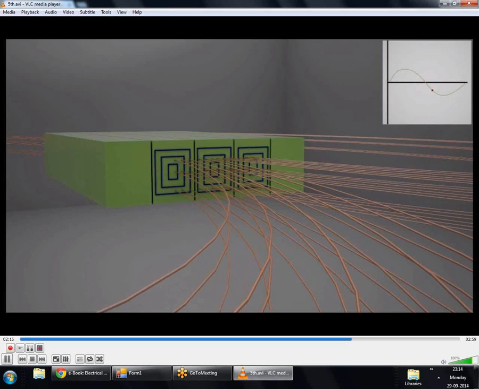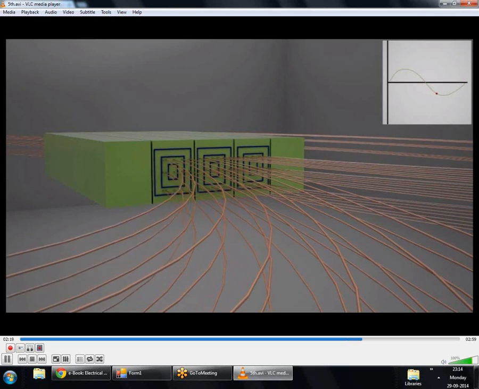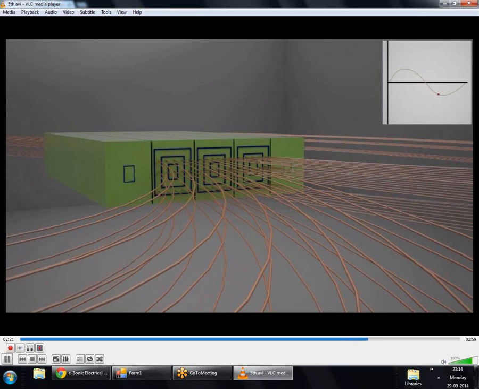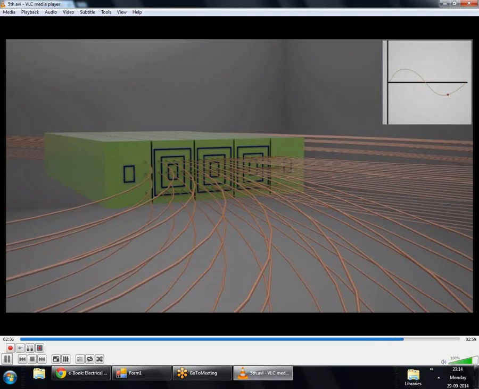If you have seen some machines or transformers, you would have seen that the cores are actually laminated, and each laminated section of the core is electrically isolated from its adjacent section by electrical insulation. That insulation is essential to increase the resistivity of the ferromagnetic core.